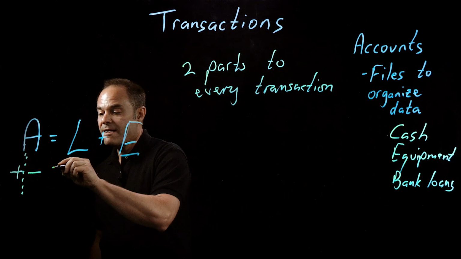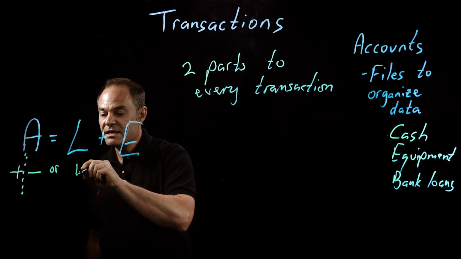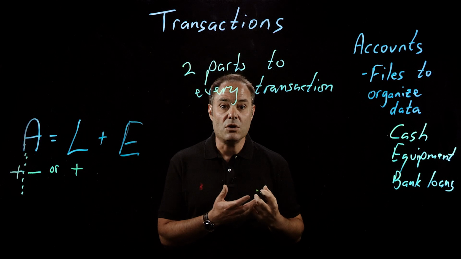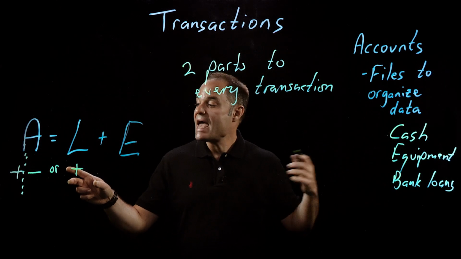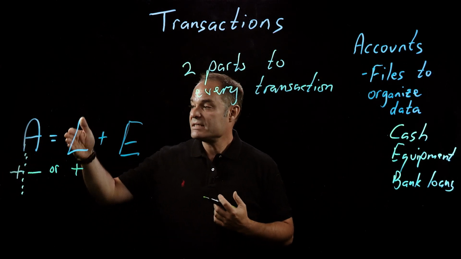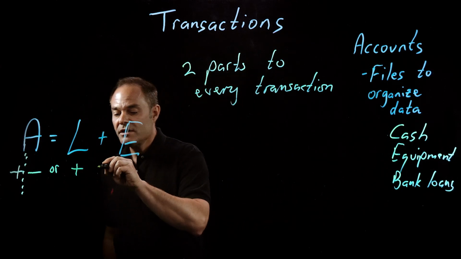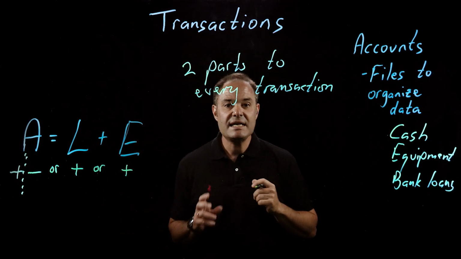Or if our cash is increased, then a liability account has to increase. So for instance, if we borrowed $20, we have a liability of $20, the company owes $20, and it has $20 of cash. So this has gone up by 20, this has gone up by 20, and we remain in balance. Or, if it wasn't an increase in liabilities, it would be an increase in equity.